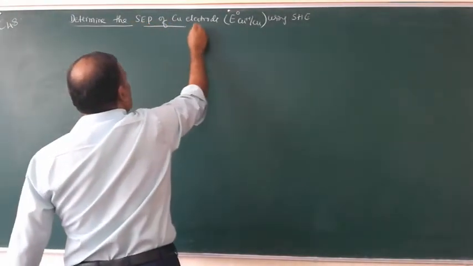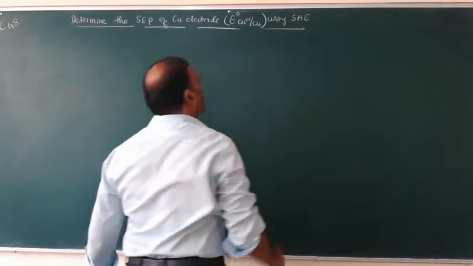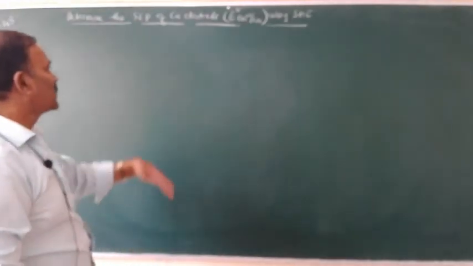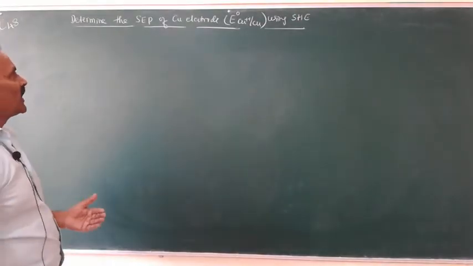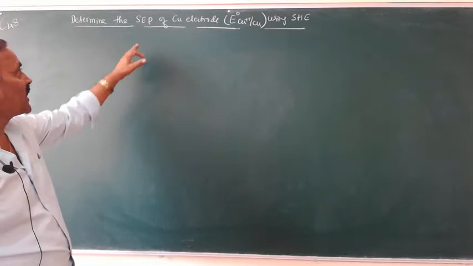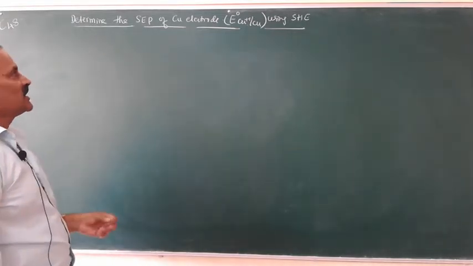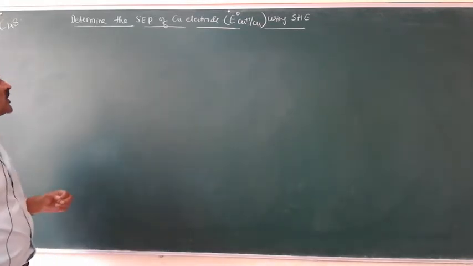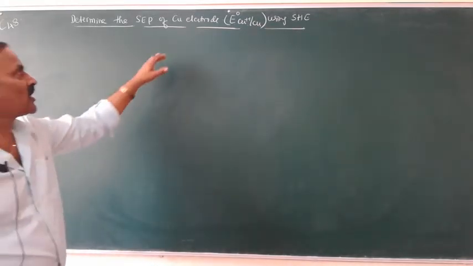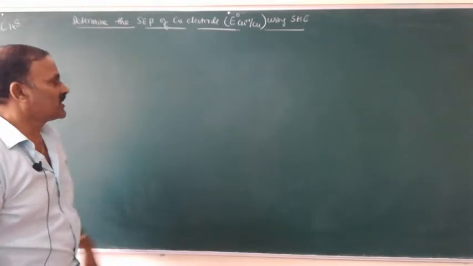I have explained how the standard electrode potential of the zinc electrode is determined using SHE. Now we will see how to determine the standard electrode potential of the copper electrode using SHE.